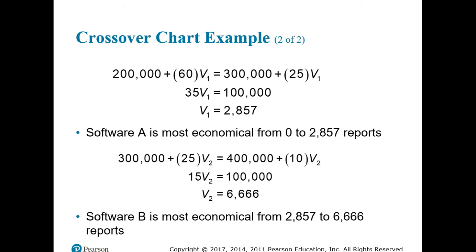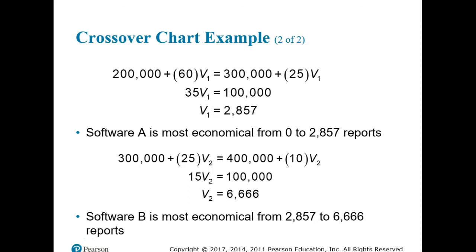Okay, now similarly, to determine the crossover point for the second point in volume, we set the cost of software B equal to the cost of software C. And that means that software B is the most economical if the number of reports is between 2,857 and 6,666.